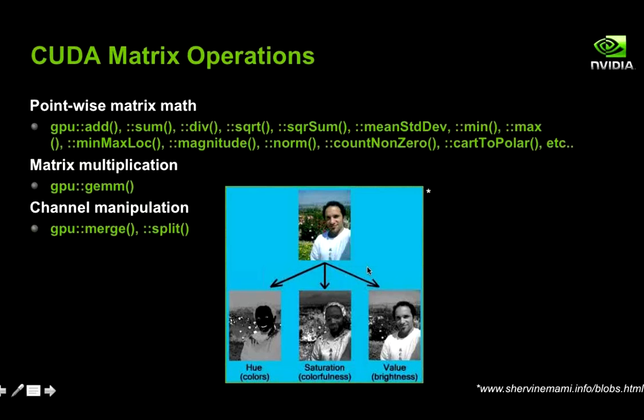For example, you can convert an RGB image to the hue, saturation, and value space, in which case it would have three color channels, and then you can split all three of them and, for example, work on individual ones or see the results.